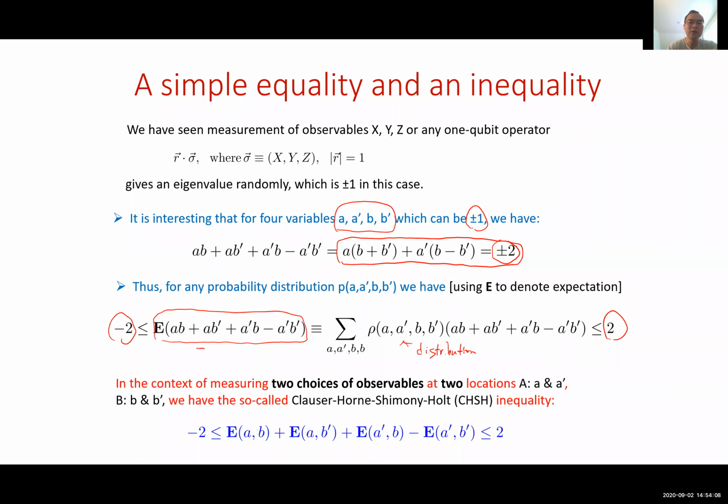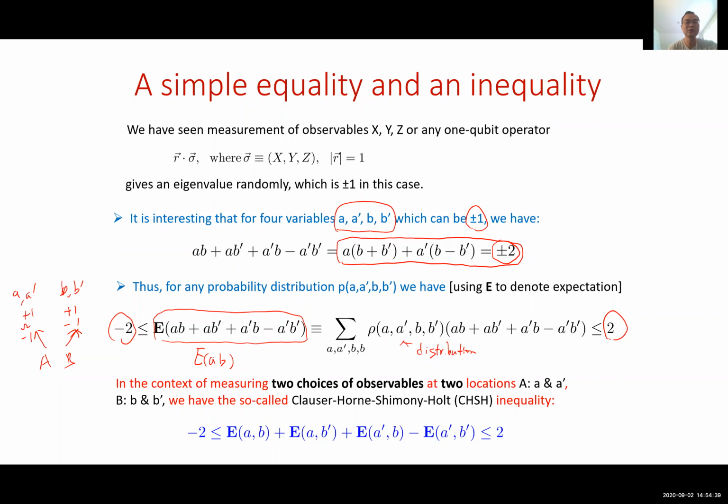Right, so for a particular E of A, it's basically taking a measurement. As we'll see, you can imagine there's an A here and B here, and this place is performing some measurement. It will get +1 or -1, +1 or -1, and has different choices of observable, A prime, B, and B prime.